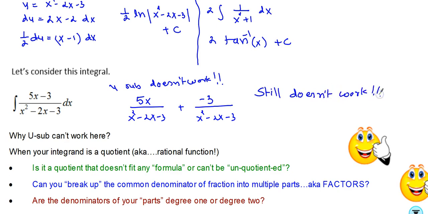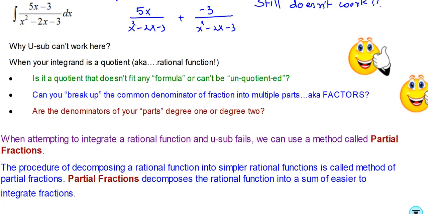So what technique should we use here? When your integrand is a quotient, a rational function, and it does not fit any formula, or you cannot do the long division because it is bottom heavy, then can you factor the denominator?